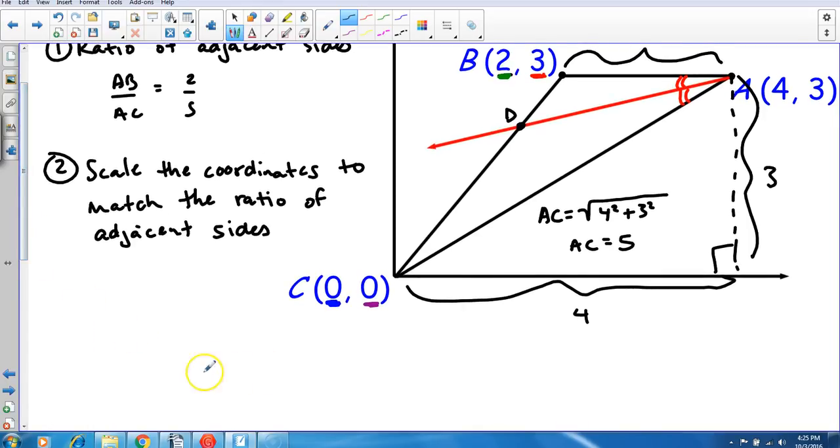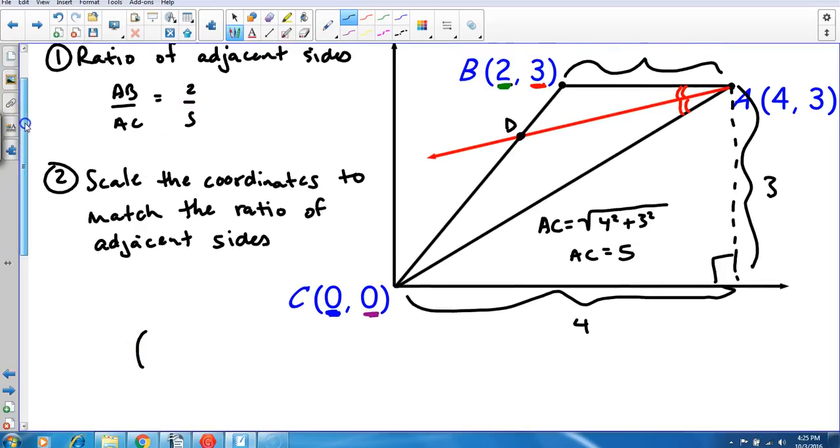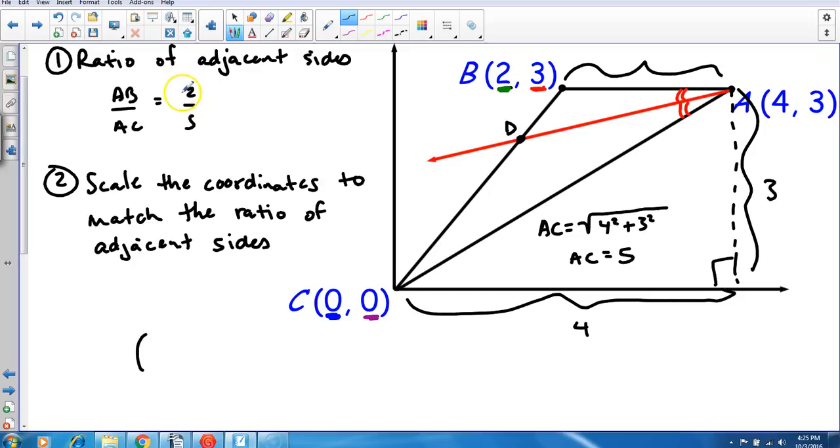We take the length of our first side, in this case AB, so that is 2, and we're going to multiply that side by our first x-coordinate, x1.